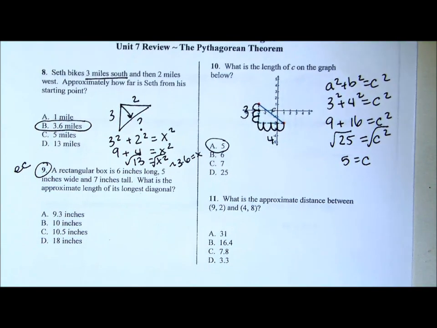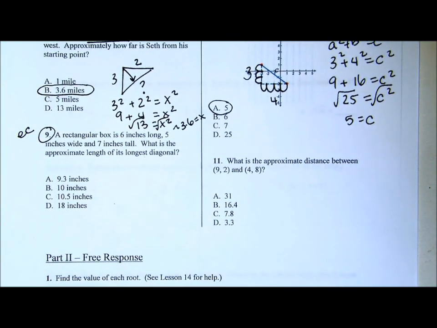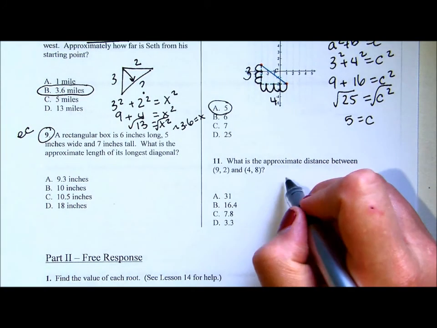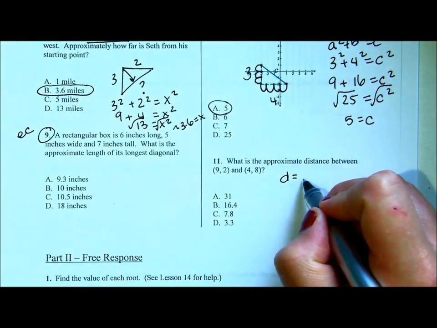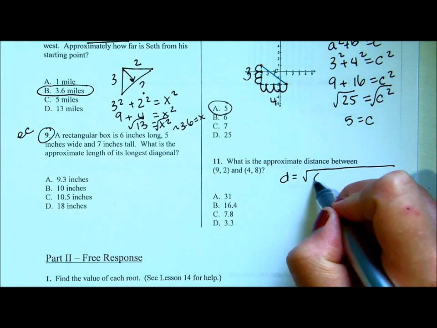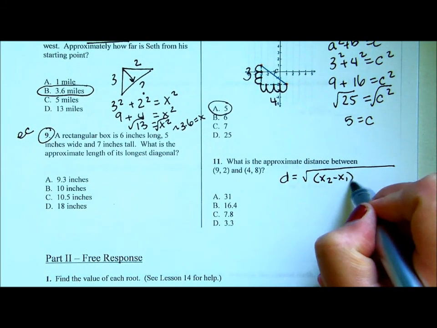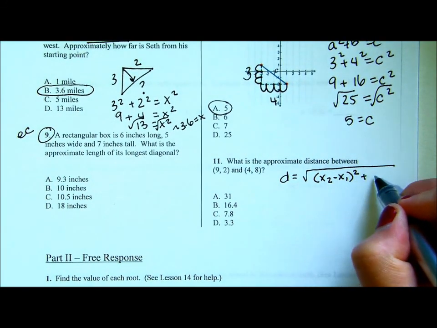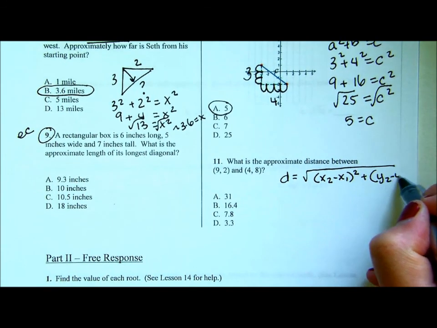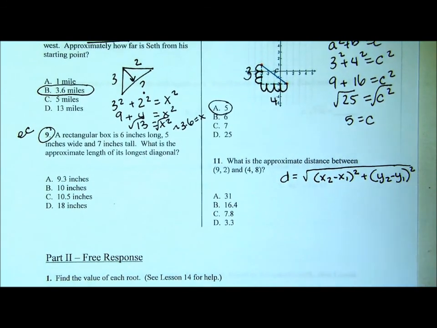Next up, number 11. Solving number 11, we are going to be needing to take a look at using the distance formula. The distance formula, once again, is D equals the big square root of x2 minus x1 in parentheses squared plus y2 minus y1 in parentheses squared.